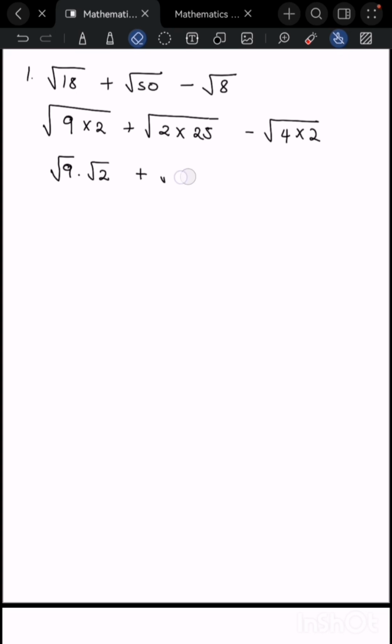Or you can write it the other way around: the square root of 25 times the square root of 2, minus the square root of 4 times the square root of 2.